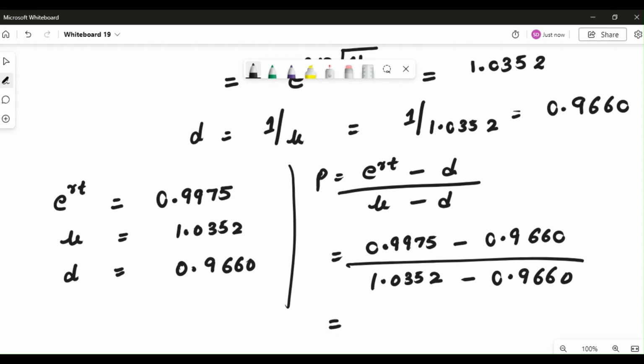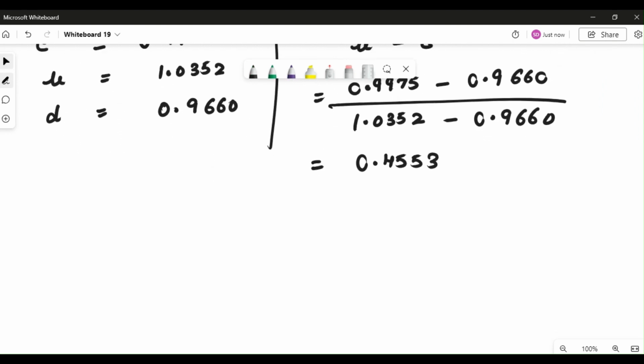If you calculate this, you will get your answer as 0.4553, and that's your probability upward.